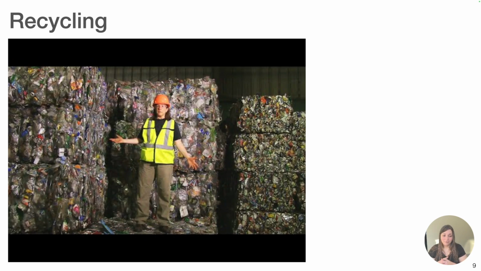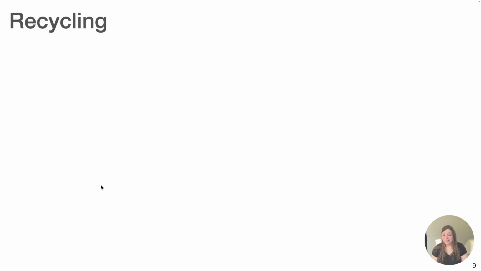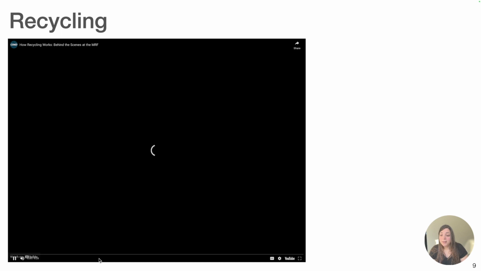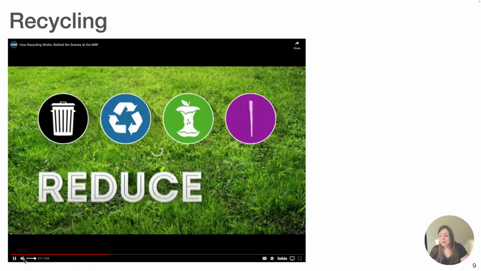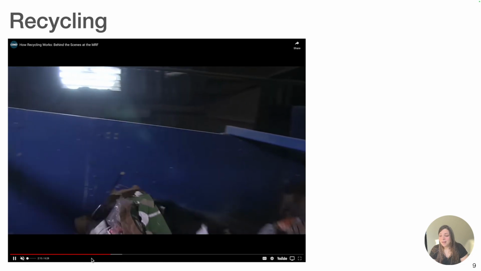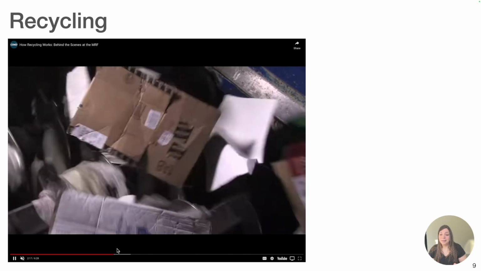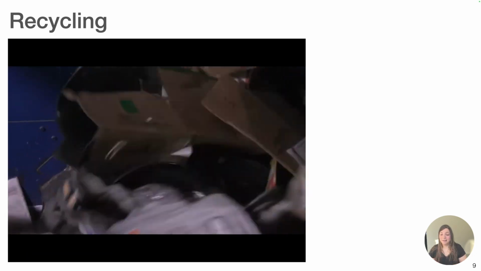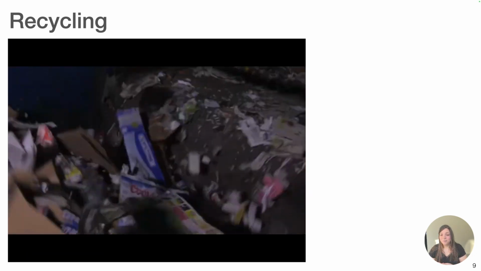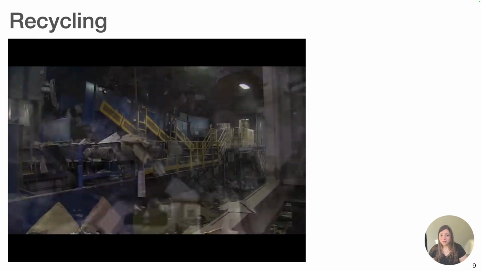Another application that I've worked on is for recycling. Recycling is a very important job that allows us to keep our planet clean. It is a very important job, but it's also a very difficult job.